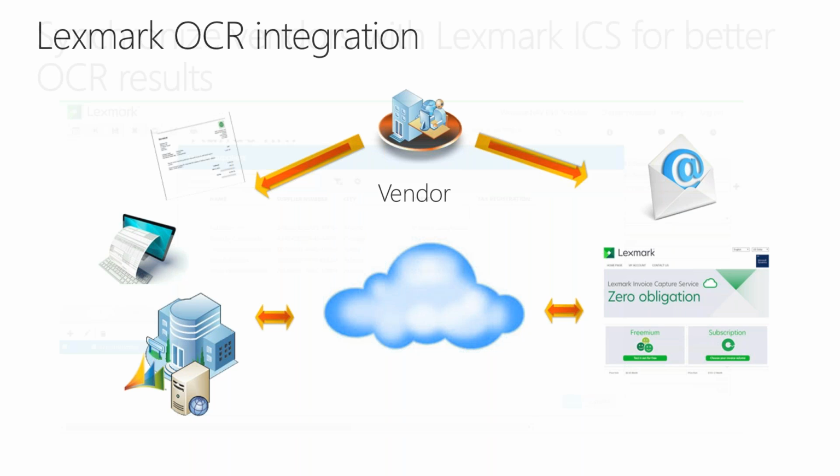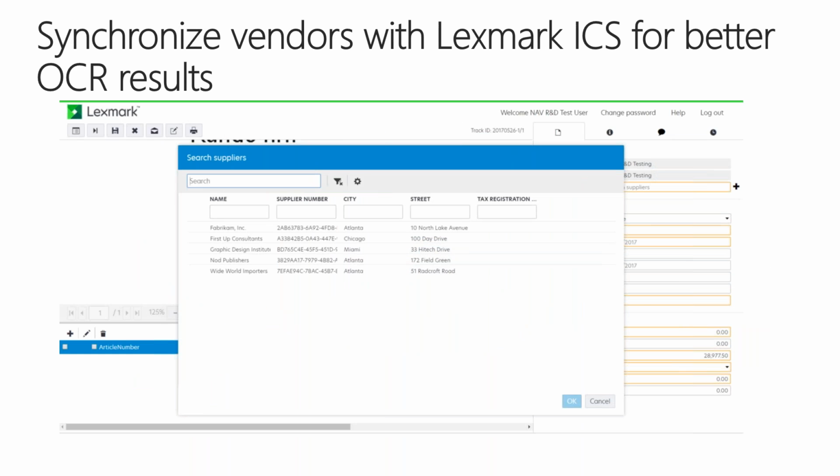What they have done in 2018 is that they have enabled us to synchronize our vendors with Lexmark ICS in order to get better OCR results, because you never know how these invoices look. So that means that from now on the Lexmark solution will look first in the list of suppliers before it will suggest to create a new one.